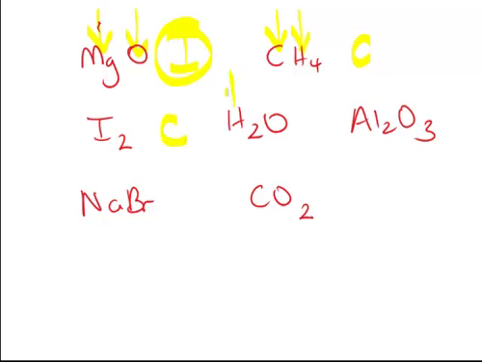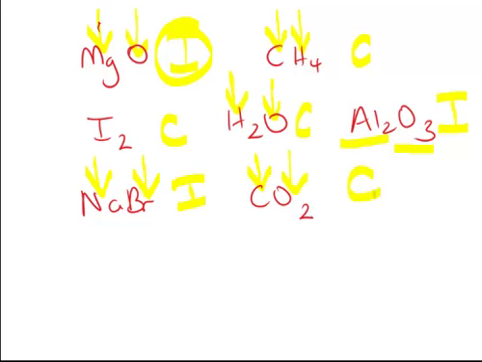H2O, H is a nonmetal and oxygen is a nonmetal, so this would be covalent. Aluminium is a metal and oxygen is a nonmetal, so that would be ionic. Sodium is a metal and bromine is a nonmetal, so that would be ionic. Okay. Carbon is a nonmetal and oxygen is a nonmetal, and that would be covalent.